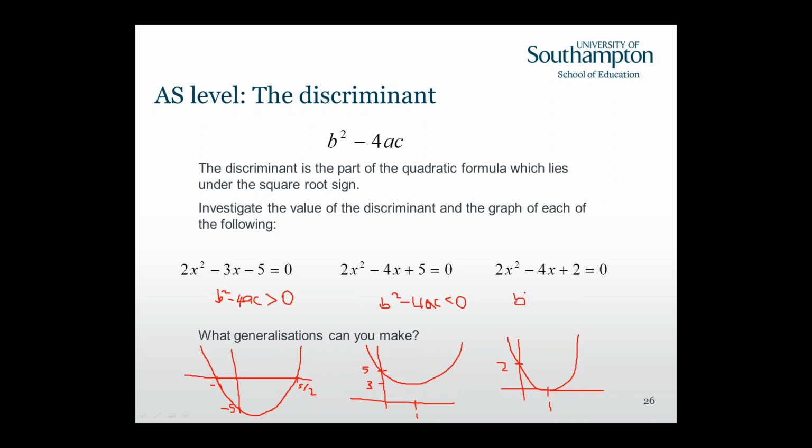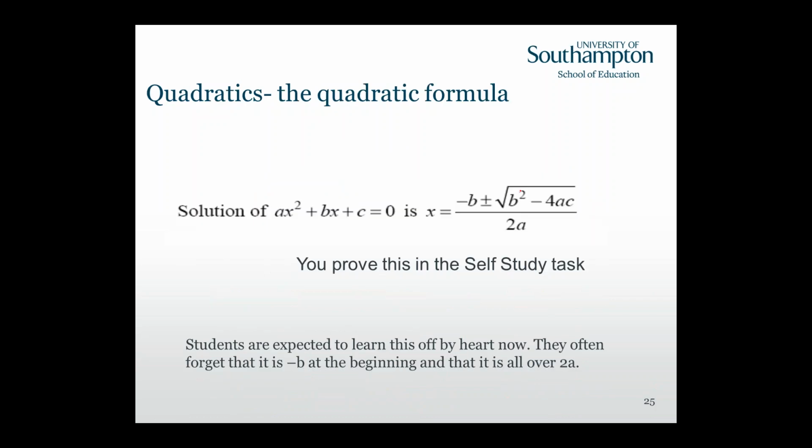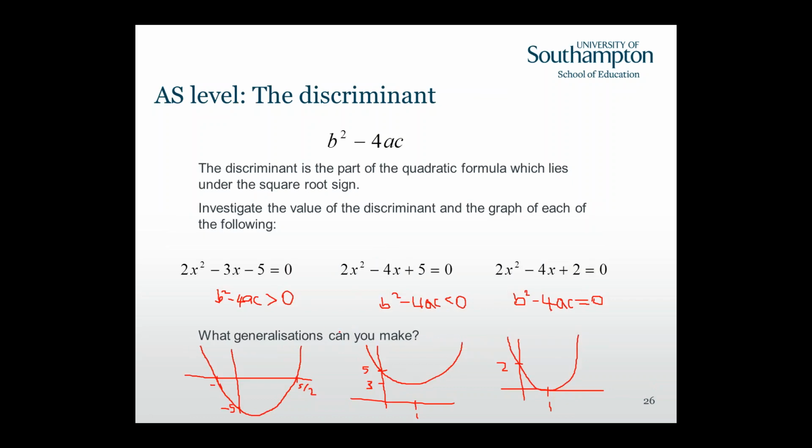Yeah, so it's a repeated root. So the middle one, in fact, is negative, which means, thinking about it, that underneath the square root you've got a negative number, which, as we said, you can't do. You can't square root a negative number, and that's why there are no x-intercepts. There are no roots, in fact.